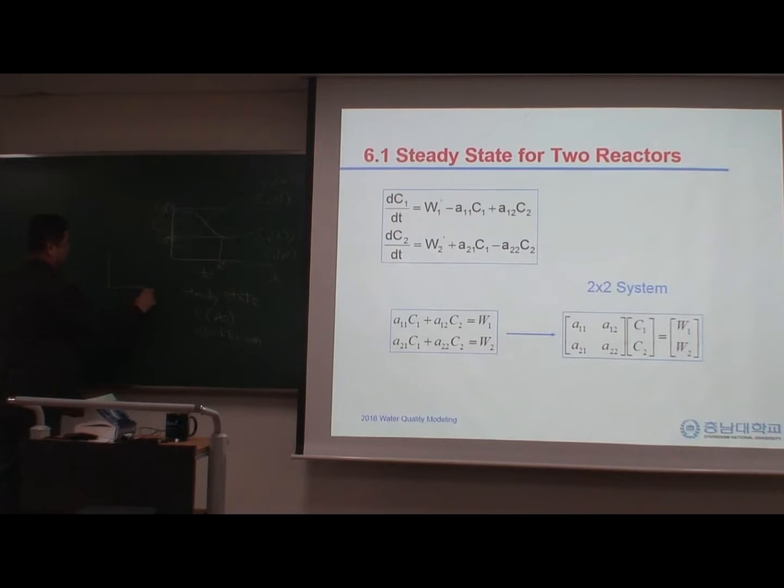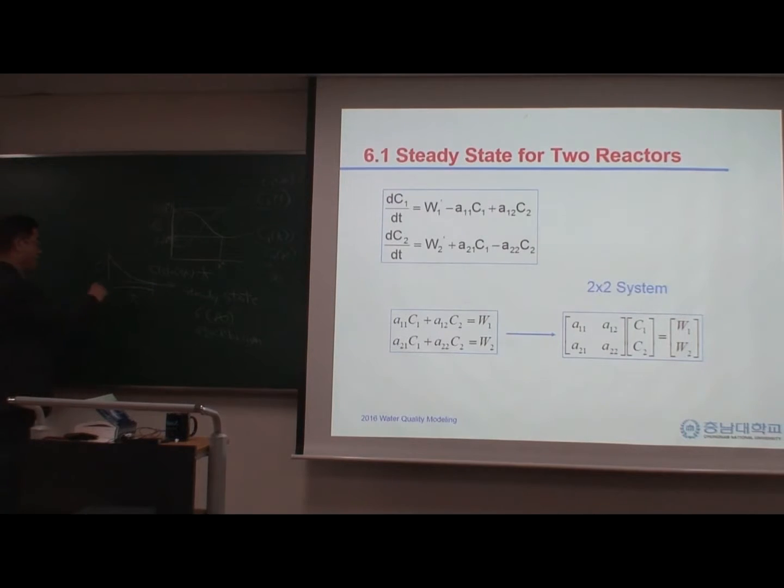So many times when we have steady state, we often have this kind of curve, and then we say, okay, this is the same. From here, the C of T is the C infinity, which is C infinity right here, or C steady state, and this is our steady state that we're looking for.